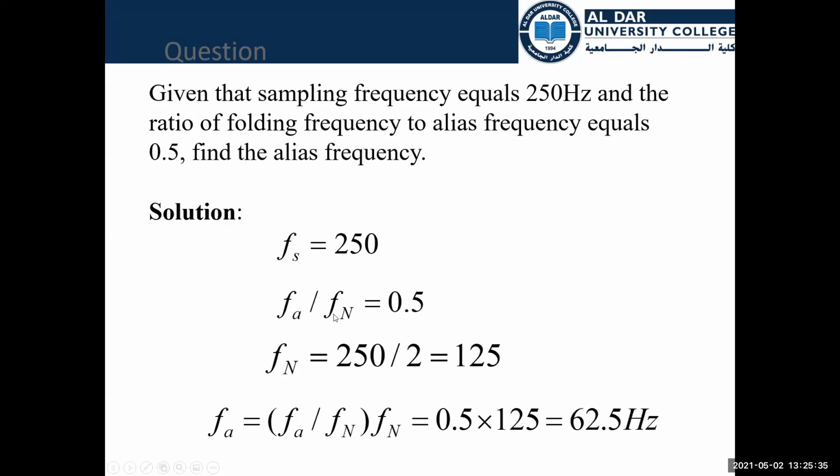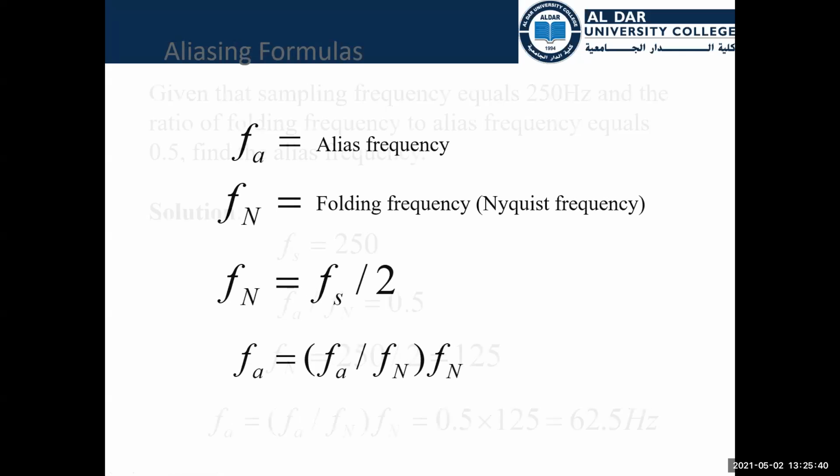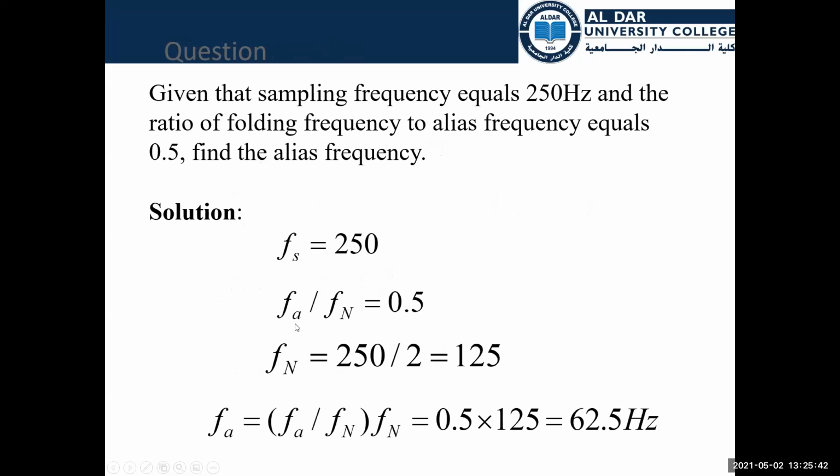Fa is the alias frequency, and we know the criterion: Fa over Fn, where Fn is the Nyquist frequency, is equal to 0.5, and Fn equals 250 over 2, which is the sampling frequency over 2. This gives us 125.